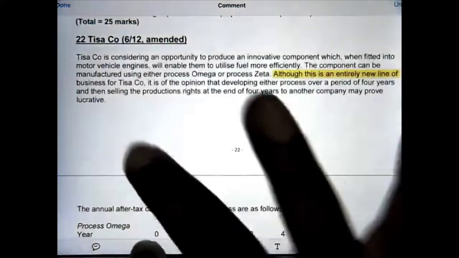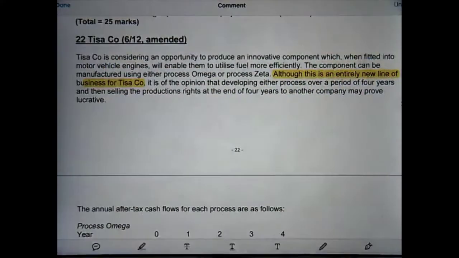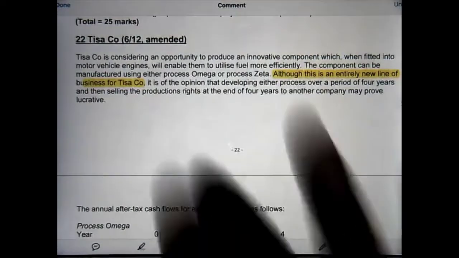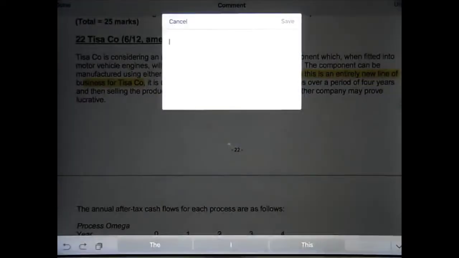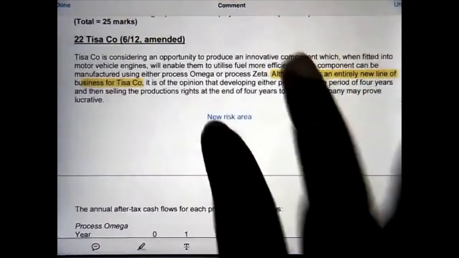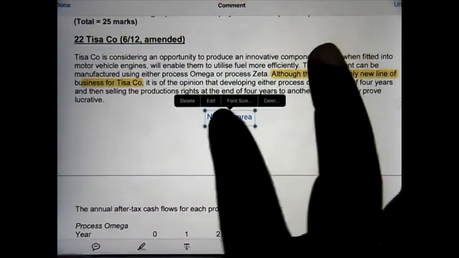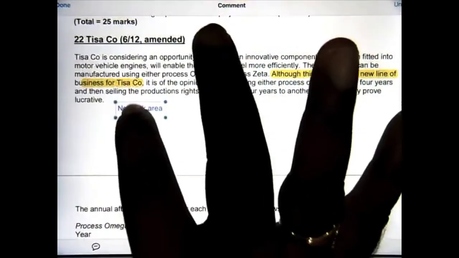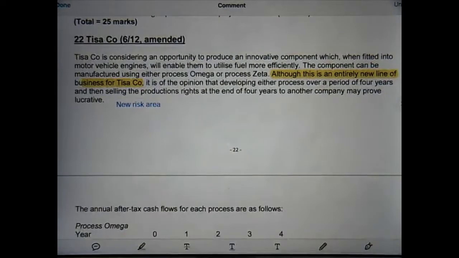Okay, let's get that down. This means it's definitely new risk. So that means you can put there new risk inside. This is a new risk area. Okay, got it?